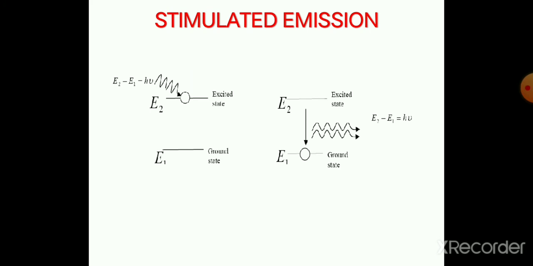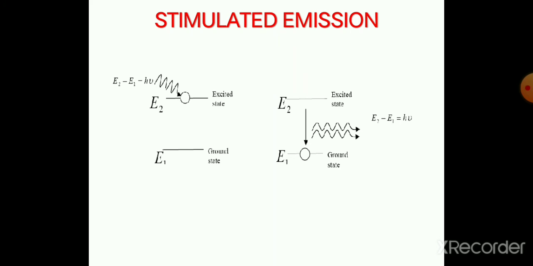The atom gets de-excited to the ground state by emitting another photon. And now we have two photons, and these two photons have the same phase and they are coherent. This phenomenon is called stimulated emission.